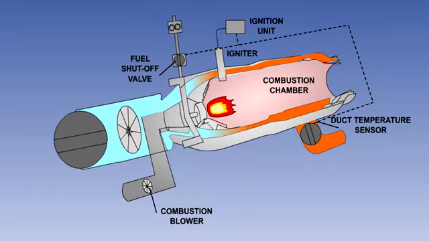The fuel valve and the igniter are controlled by duct temperature sensors, but can be manually overridden. The system is designed with the fan pushing the air into the cabin being much more powerful than the combustion blower fan. This means that the clean air is at a higher pressure than that in the combustion chamber, so there is no possibility of leaks from inside the chamber contaminating the cabin air.